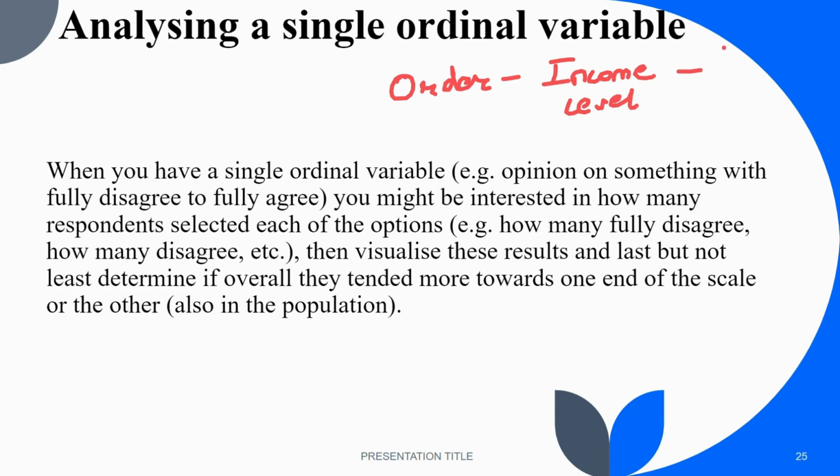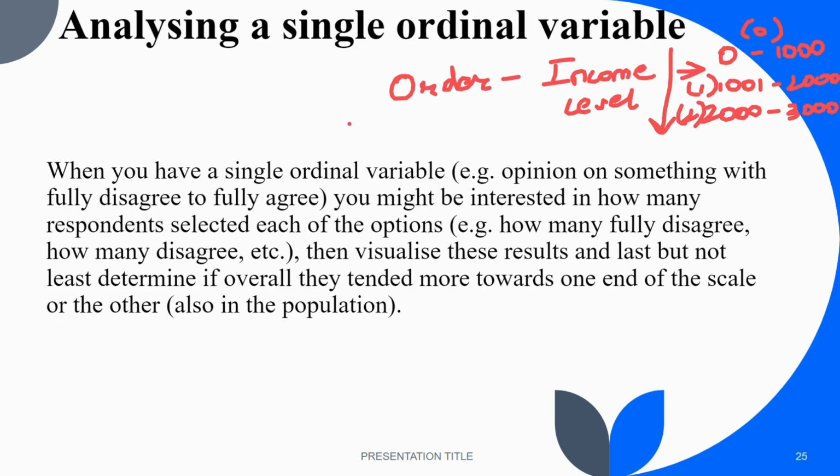There can be 0 to 1,000, 1,001 to 2,000, and 2,001 to 3,000. These are the three levels and they are in this order. So this level can also be called level 0, this can be called level 1 and this can be called level 2. That means we can arrange them in order.